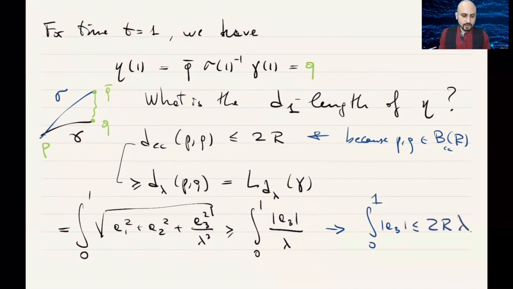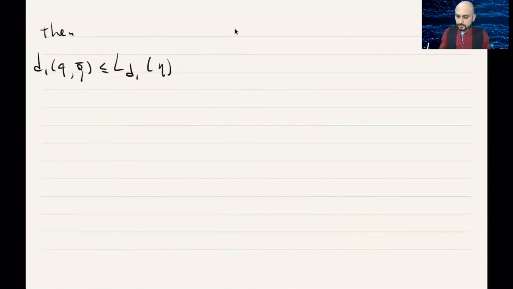Okay, so now this will help us in estimating the length of eta. What we actually want to bound was the distance between Q and Q bar, which is less than the length of eta.